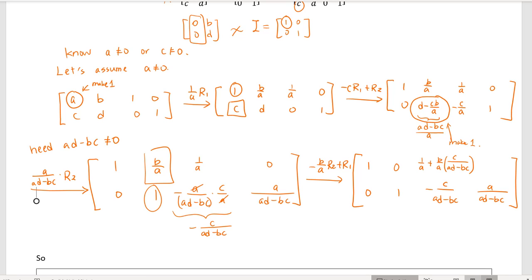And then the next one, 0 plus negative B over A times this guy, A over AD minus BC. Can you see A cancel?